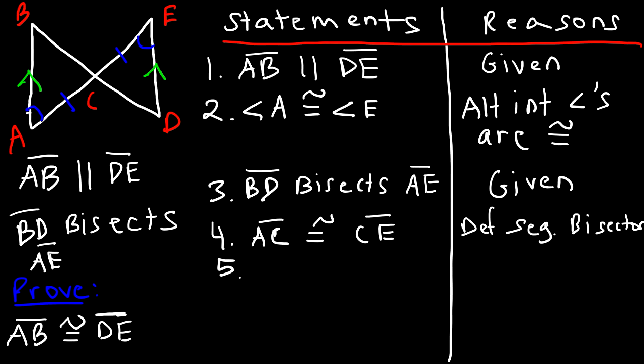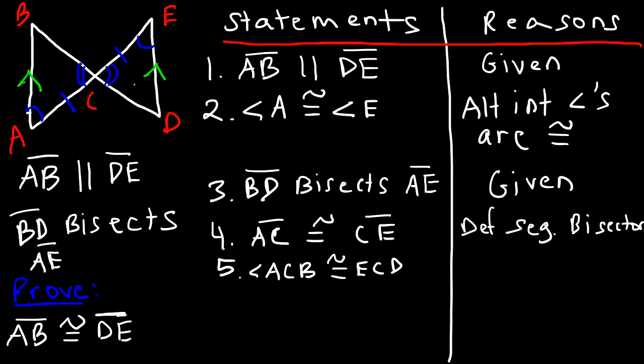Now, number 5. We could say that these two angles are congruent because they represent vertical angles. So we're going to say that angle ACB is congruent to angle ECD.